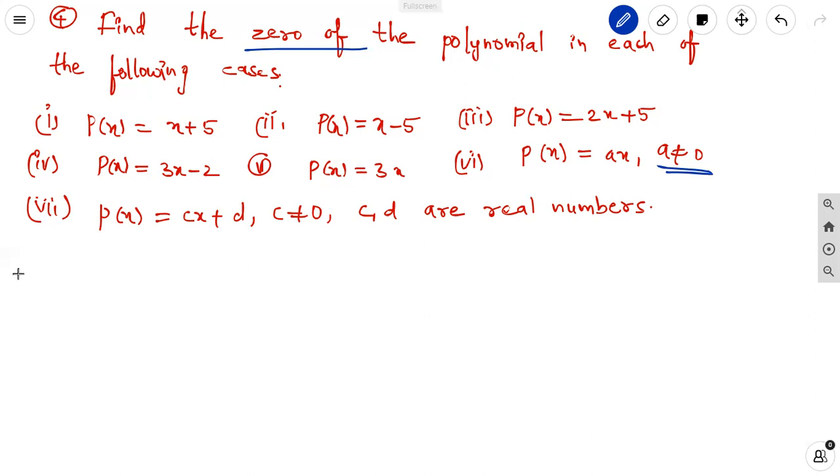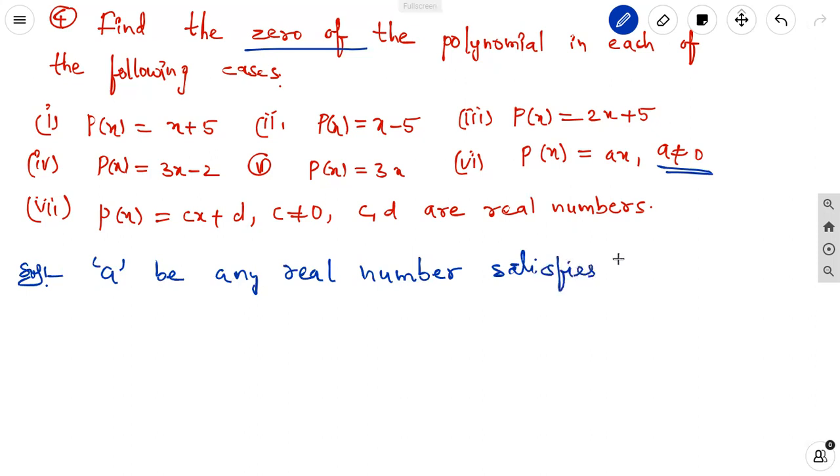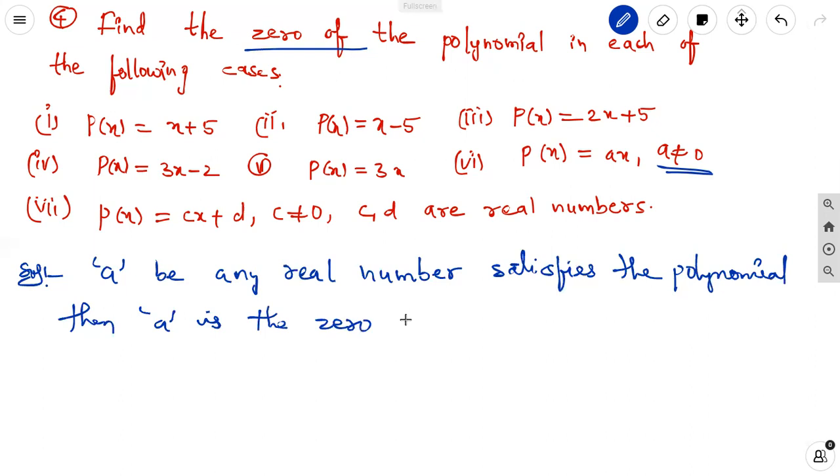So what is the relation of the zero of the polynomial? Let a be any real number that satisfies the polynomial, then a is the zero of such polynomial p of x.